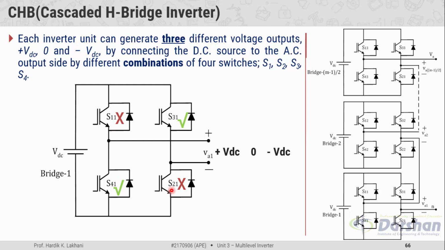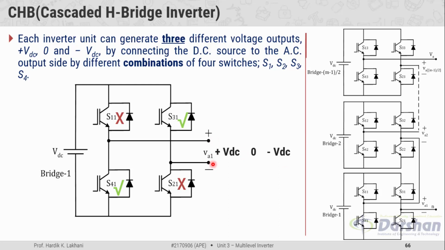When S31 and S41 are triggered, the positive terminal of the DC supply gets connected to the negative terminal of the output side, and the negative terminal of the DC supply gets connected to the positive terminal of the output. Hence, the DC supply appears across the output terminal in the reverse manner, and we get minus VDC across this output terminal.